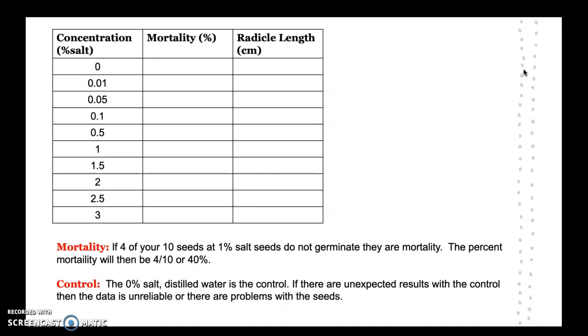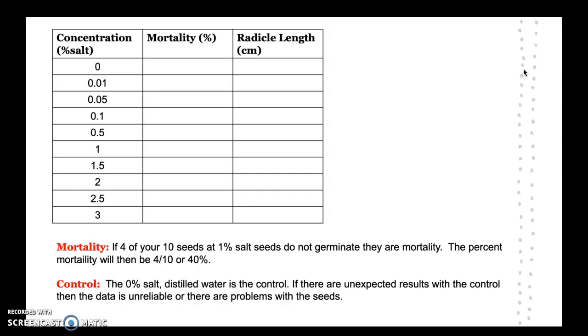Now, please understand the purpose of the control. The distilled water is going to be the control. If we have a significant portion of the distilled water seeds not growing or dying, then we know that something was wrong with the seeds, or perhaps there was something wrong with the measurements, but I don't know how I can screw up a 0% distilled water.